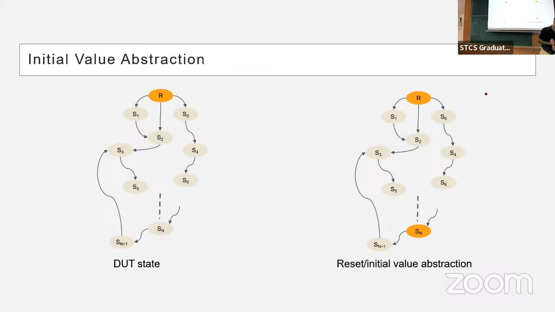One way to solve this is adding additional behavior so that instead of the DUT starting only from R, we allow it to start either from R or S. We give this choice to the tool: make a decision, start from R or from S. Since the tool tries all the things, it does both. If it chooses this condition, we are able to see it.